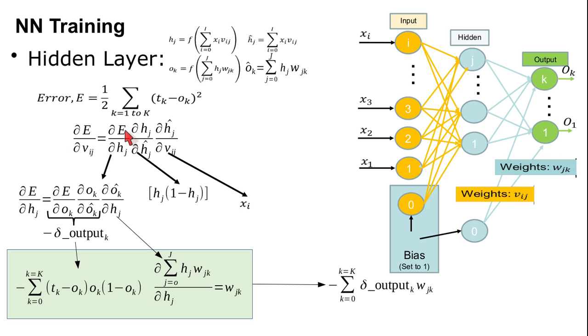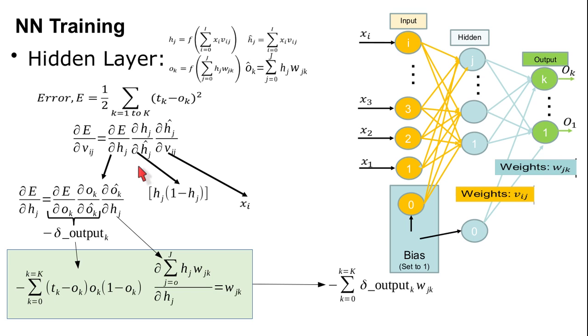This resolves to partial derivative of the error with respect to Hj, partial derivative of Hj with respect to Hj hat, where Hj hat is defined like this, and partial derivative of Hj hat with respect to Vij. Partial derivative of Hj hat with respect to Vij gives xi, because in this summation you have many Vij's, and when you do a partial derivative of this with respect to Vij, you would get only xi.